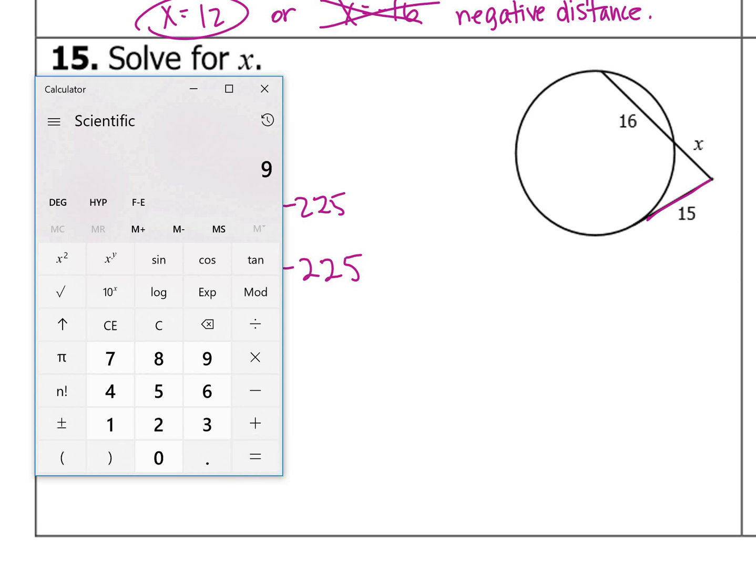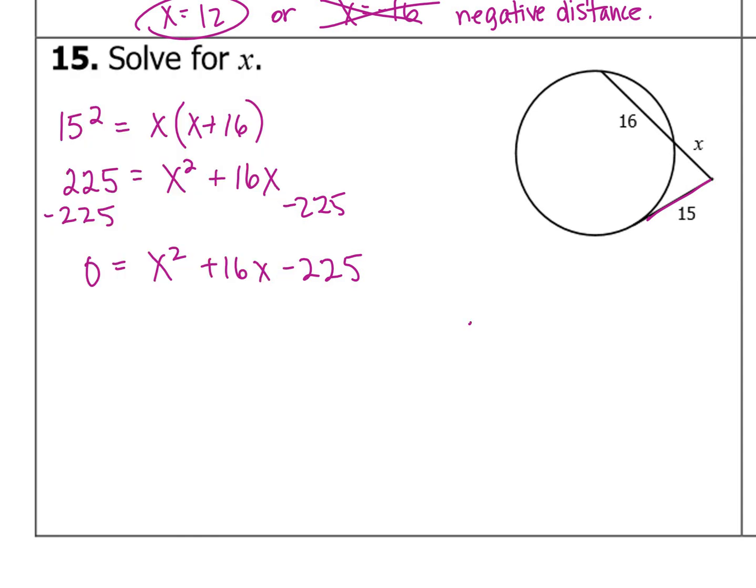And it goes into it 9 times. Let's try out 25 and 25 times 9. Is their difference 16? Yeah, it is 16.